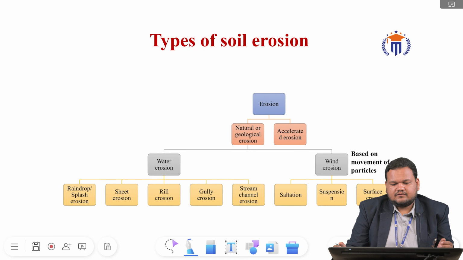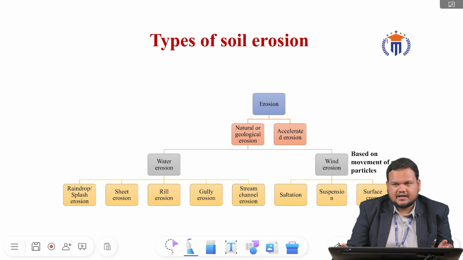This is classified into two types: water erosion and wind erosion. Based on the movement of soil particles, wind erosion is divided into three parts: saltation, suspension, and surface creep, which describe how the particles move from one place to another.